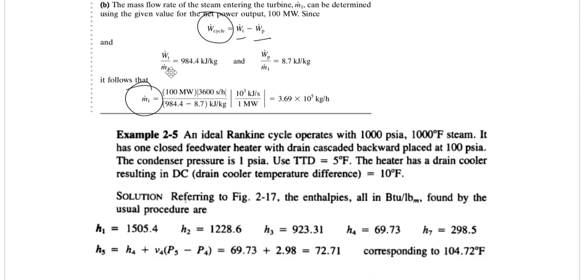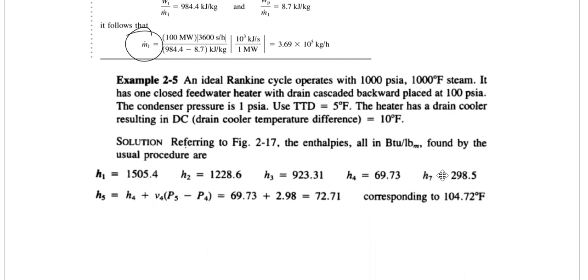Moving to the next example, example 2.5 of Al-Wakil. An ideal Rankine cycle operates with 1000 psi absolute, 1000 degree Fahrenheit steam. It has one closed feed water heater with drain cascaded backward, placed at 100 psi absolute.